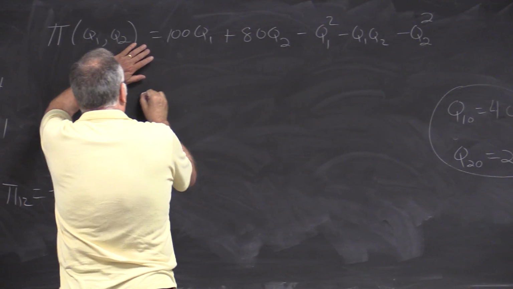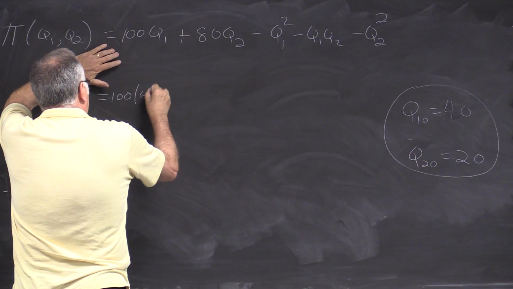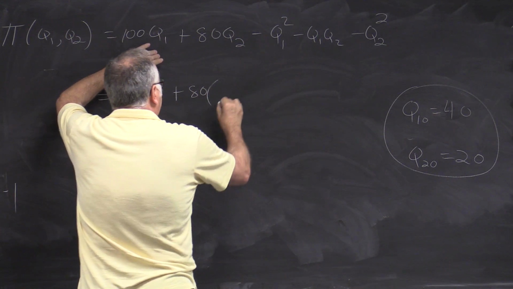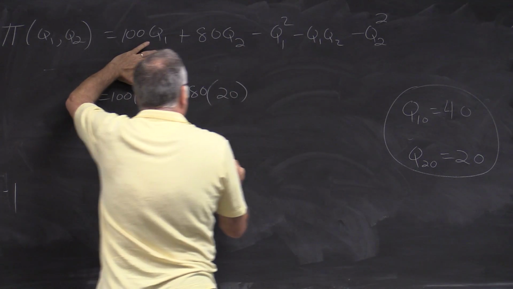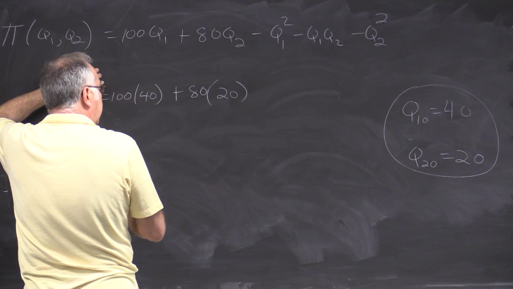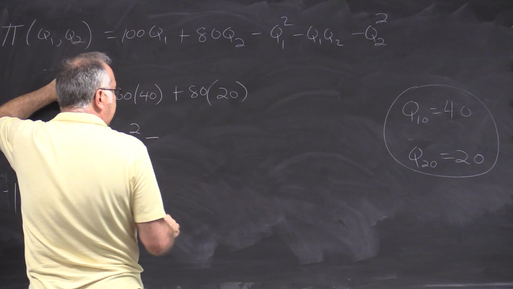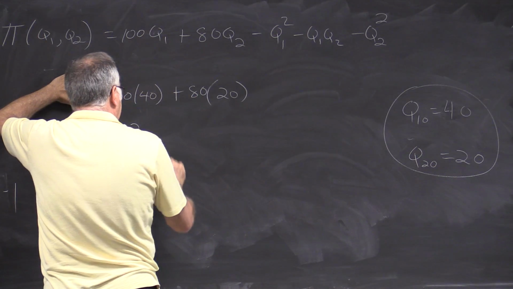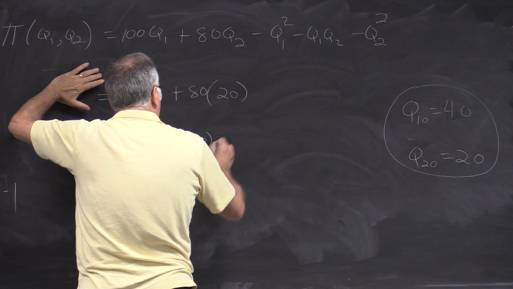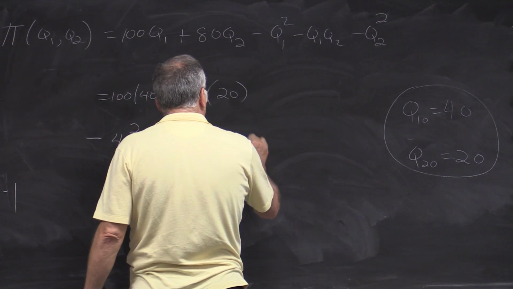It's going to be 100 times 40 plus 80 times 20 minus 40 squared minus 40 times 20 minus 20 squared.